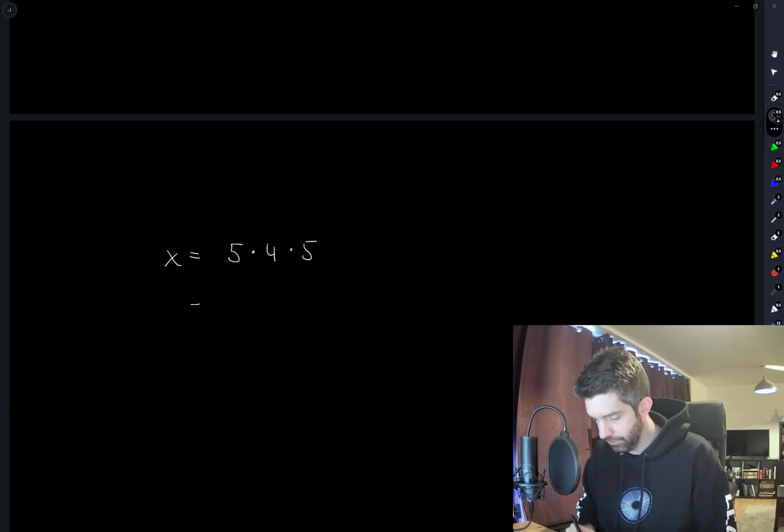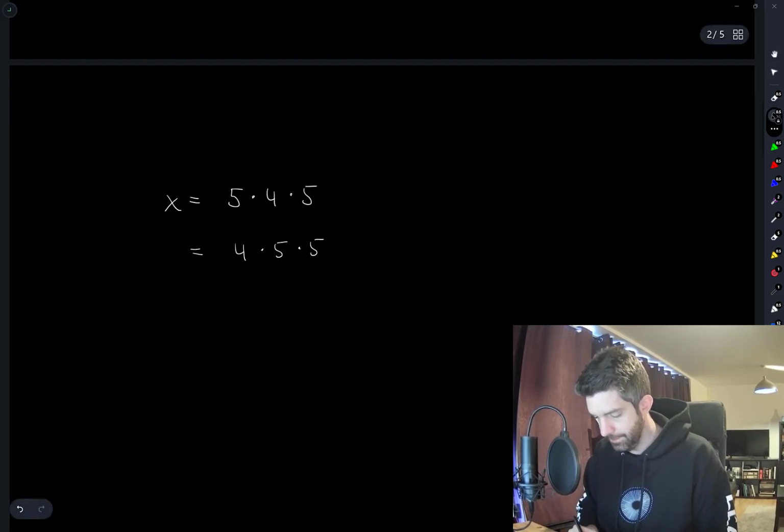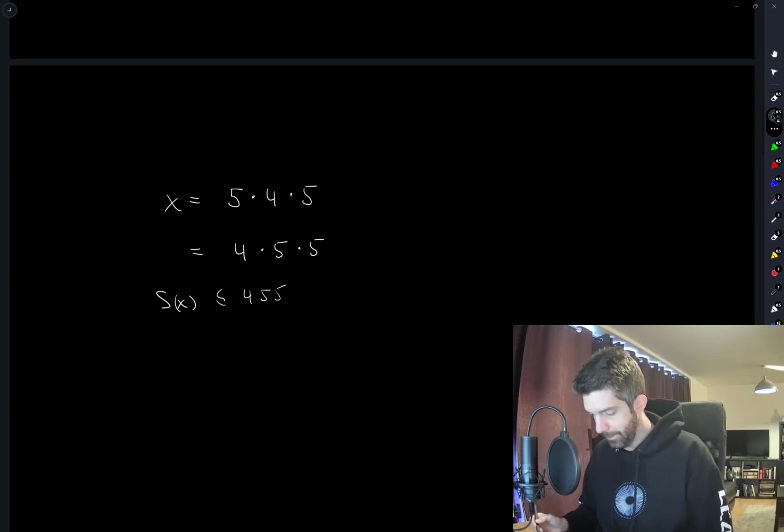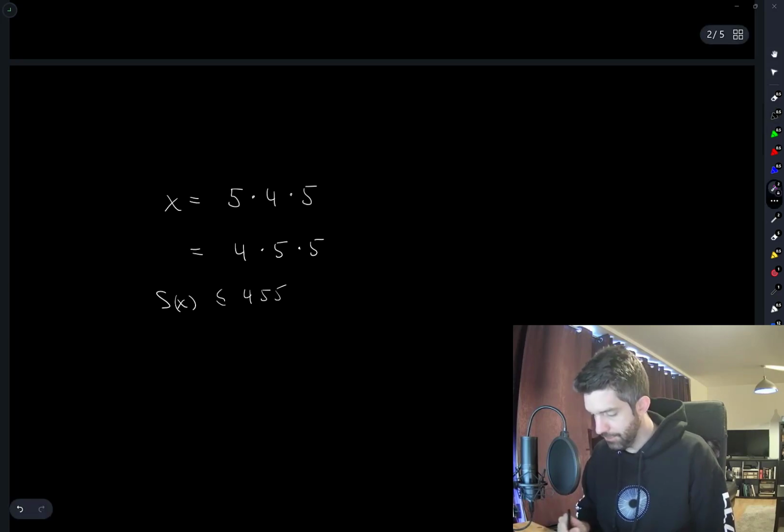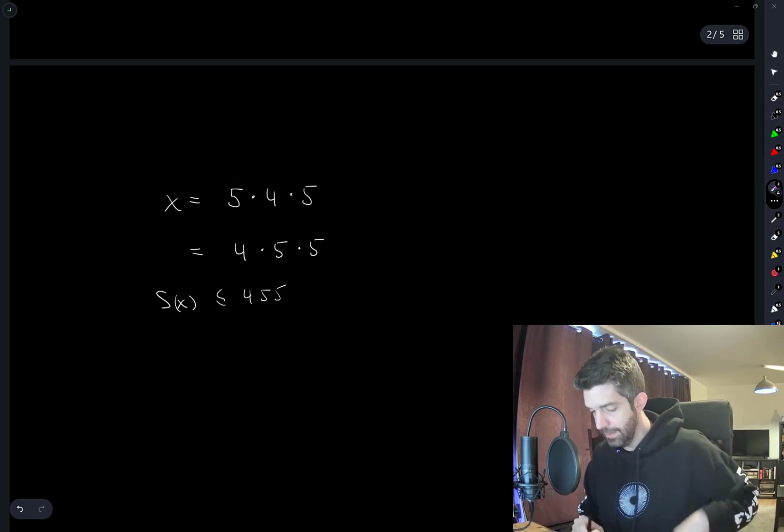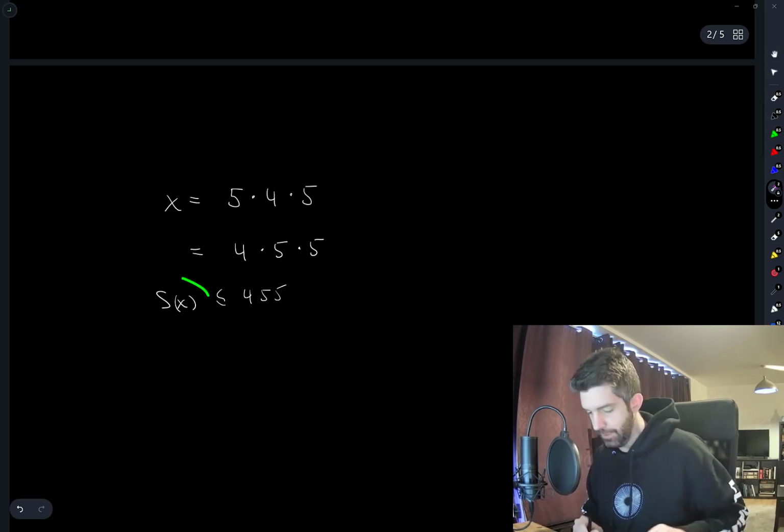Then x is also equal to 4 times 5 times 5. And so in this case, s of x can't possibly be greater than 455. If I ever have a sequence of digits where it decreases going from one to the other, I can just interchange those and the product is the same. So any legal output of the function s of x has to have the digits non-decreasing.